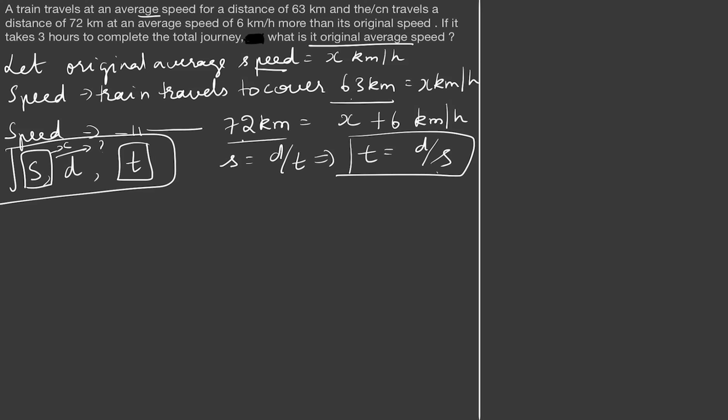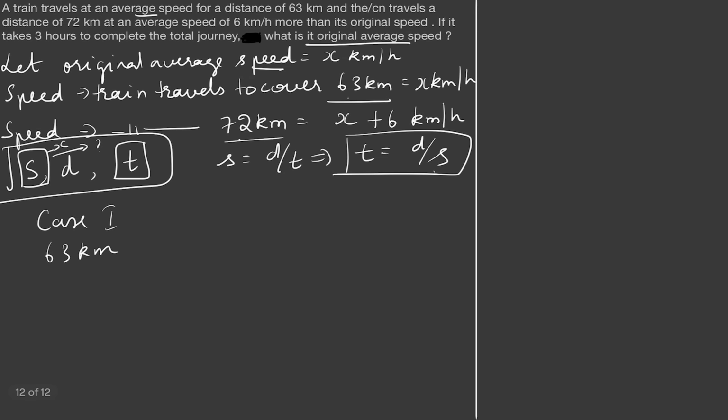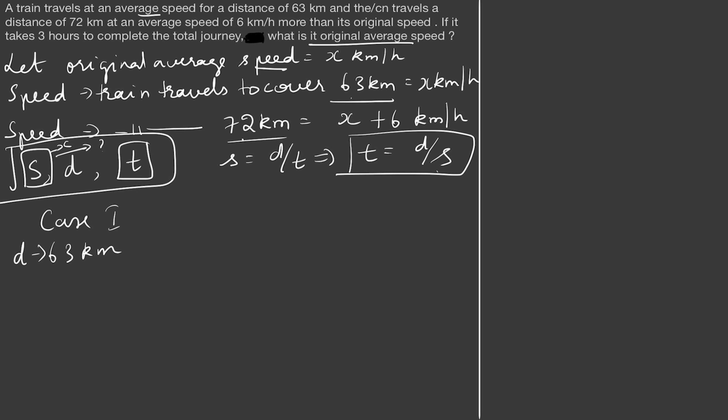We know the speed and we know the distance. In the first case, when it is traveling 63 kilometers, the distance is 63 kilometers and the speed is x kilometer per hour. From this formula, the time taken in case 1 to cover the first distance is 63 by x.